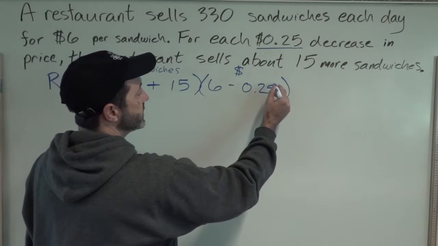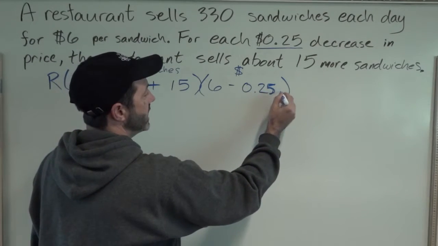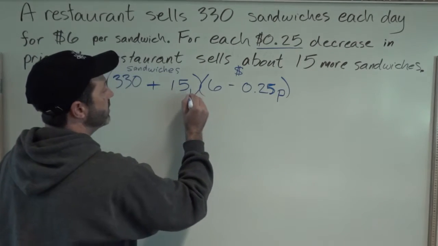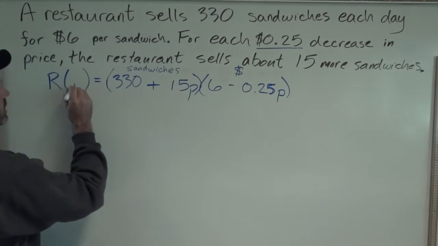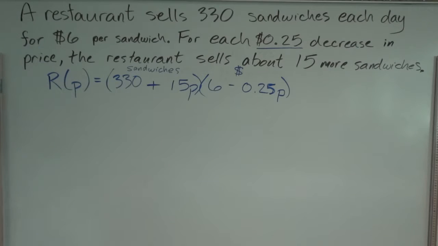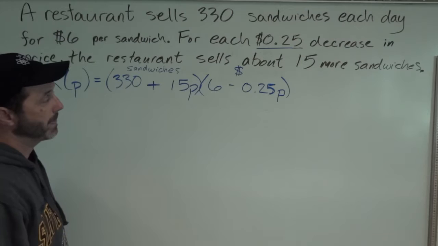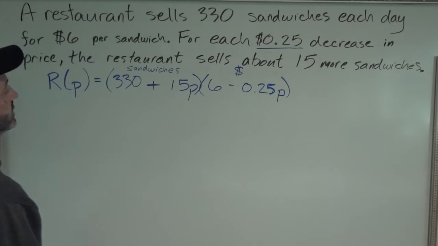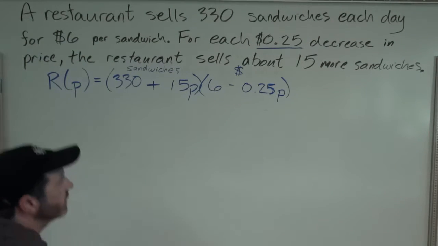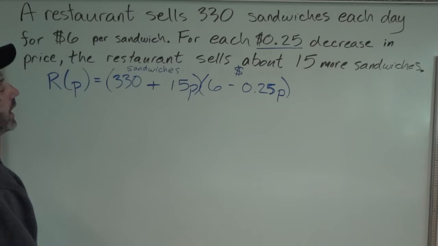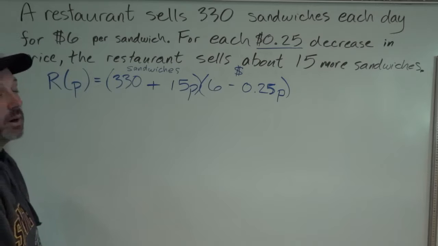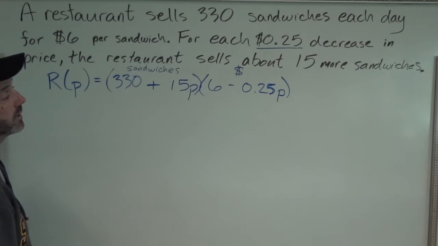Well, since this quarter represents a change in price, I'm going to use the letter P. This revenue function is based on changes in price, quarter changes. So there's my function. And I want to know when it maximizes. To find out the maximum of a function, it must be parabolic, at least.